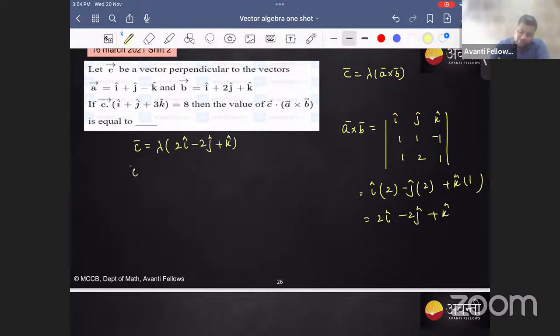Another thing they gave you is that C dot I cap plus J cap plus 3K cap is 8. Students, am I audible?